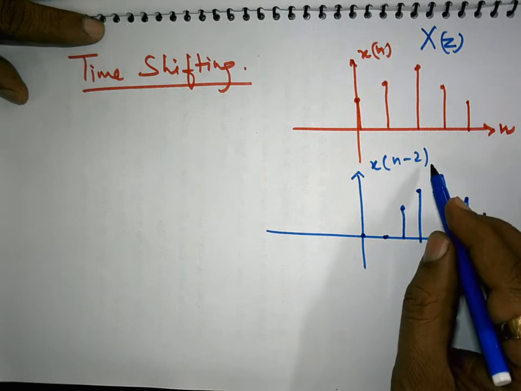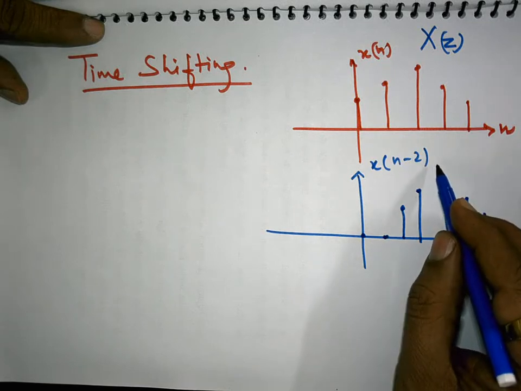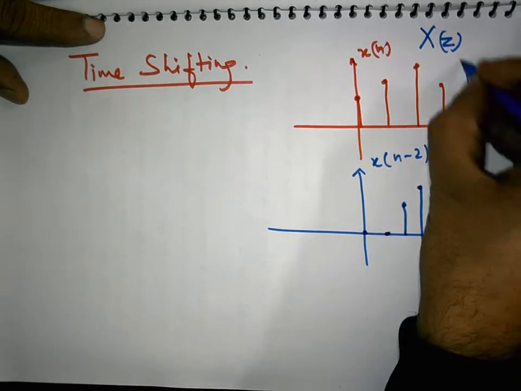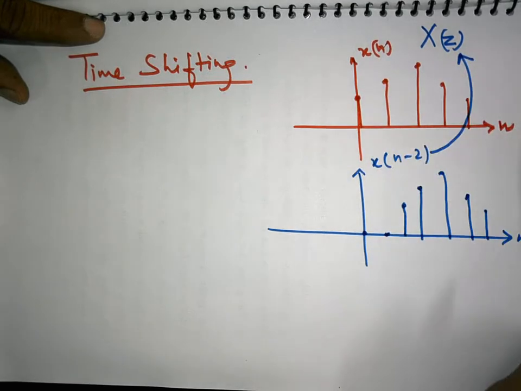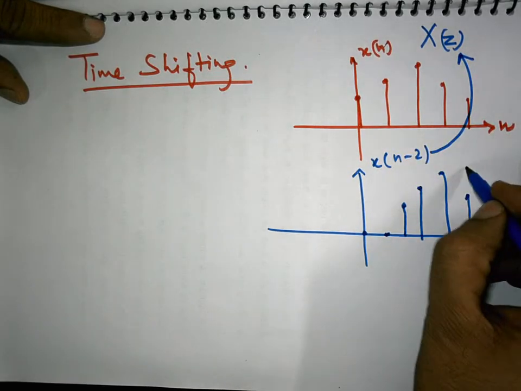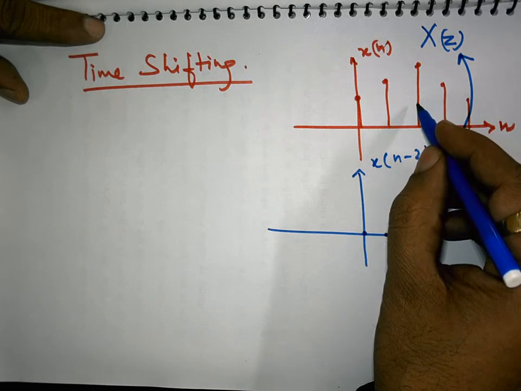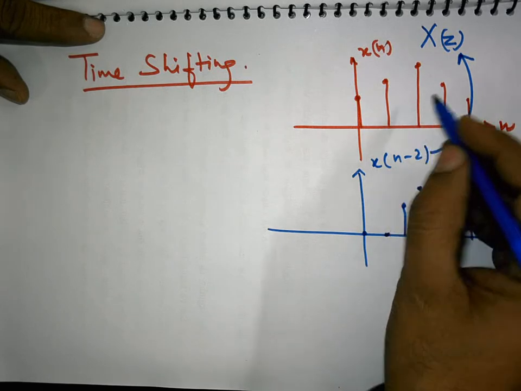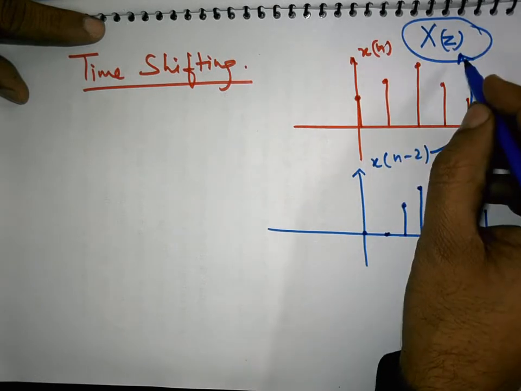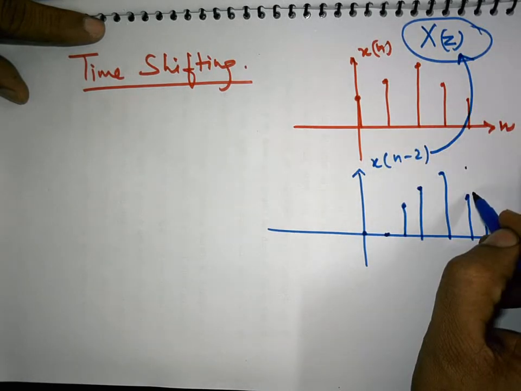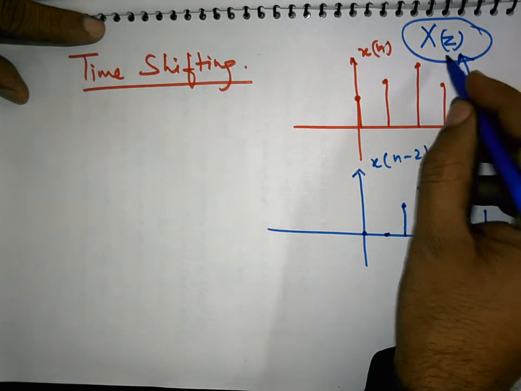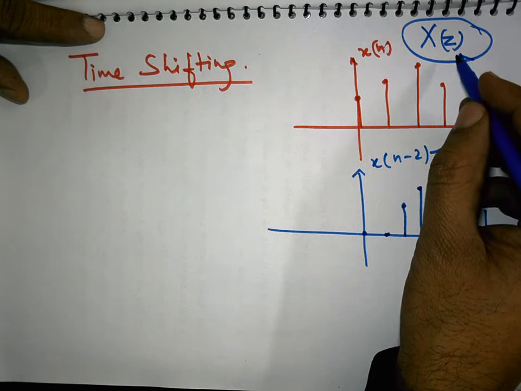If we wish to evaluate the z transform of this signal, we will investigate whether there is any correlation between the z transform of this signal and the original signal. Is there any correlation? Can we directly evaluate the z transform of this signal simply by doing something on the z transform of the original signal?